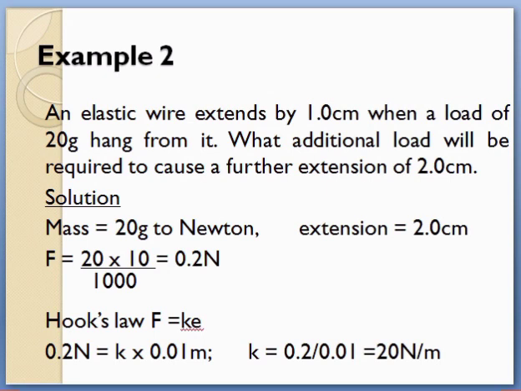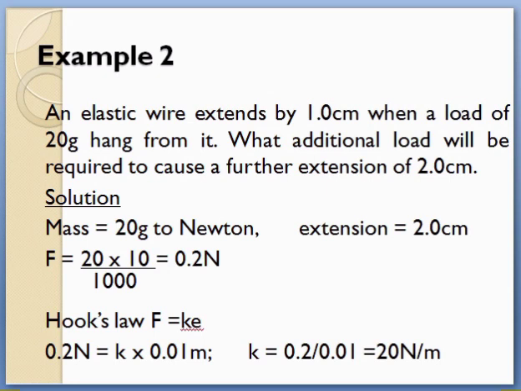From the question, we have our mass to be given as 20 grams, and in order for us to convert it to Newton, all we need to do is to convert our mass to kilogram and also multiply it by 10, which is gravitational force. And when that is done, our force is now given as 0.2 Newton.